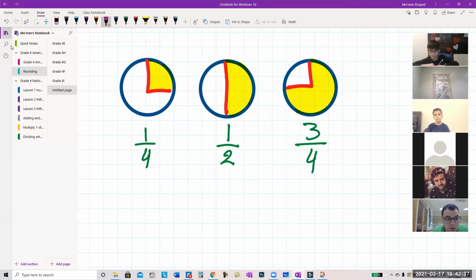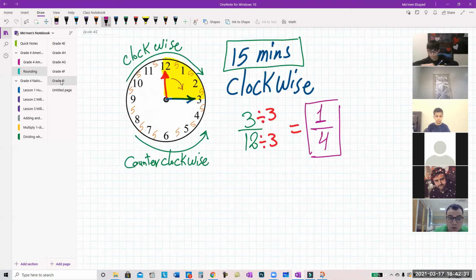So we have a quarter turn here. What is the meaning of a quarter turn? The minute's hand turns a quarter turn clockwise, because I'm asking clockwise here.